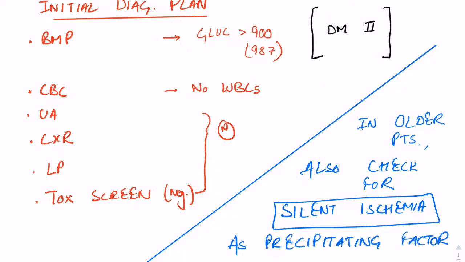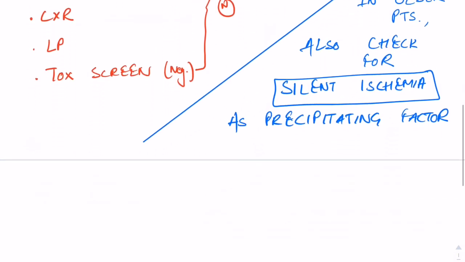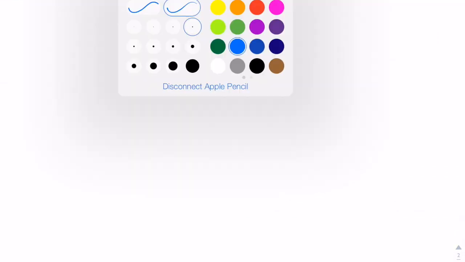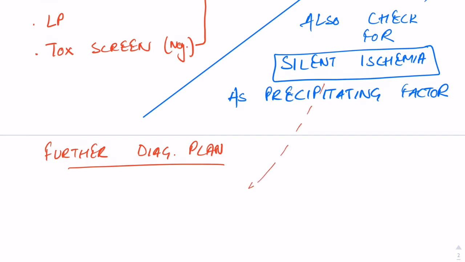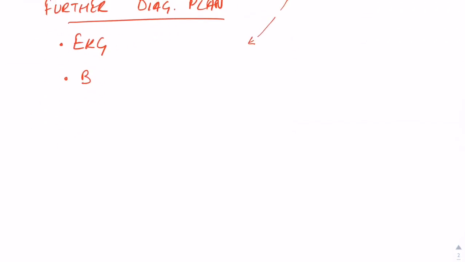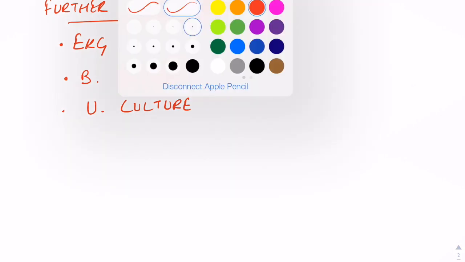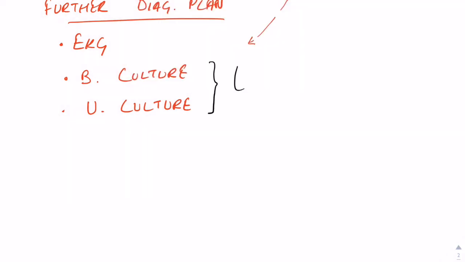So for that, let's move on to our further diagnostic plan. We need to do an EKG to look for any ischemia, and also any changes to the EKG in other patients because of osmolar disturbance and electrolyte disturbances.